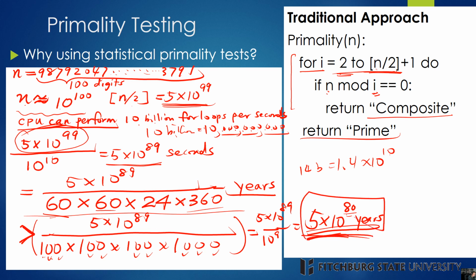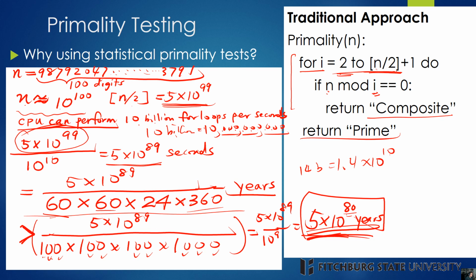That's the reason why we need to figure out another way to test the primality of a number, if the number is big, like a 100-digit number. In modern encryption algorithms, we need a number which contains 200 or 300 digits, way bigger than this 100-digit number.